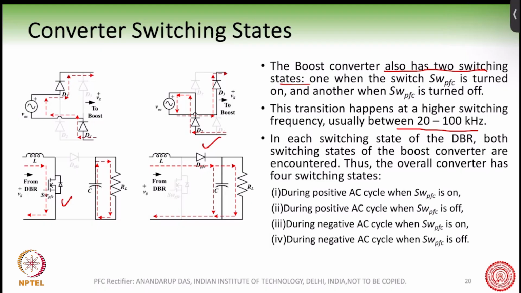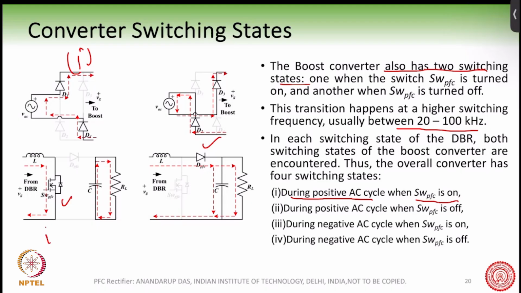In order to analyze the converter, we now have four possibilities. What are these possibilities? First is the positive AC cycle, and the switch SWPFC is on.